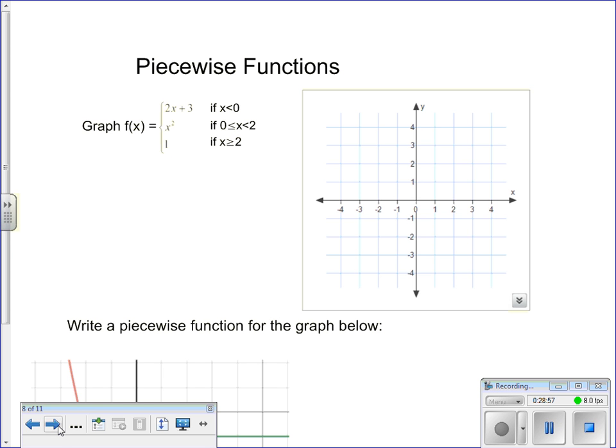There are times when you can take a function that's not piecewise and you wish to change it to a piecewise function in order to be evaluated. Absolute value. We hate absolute value in calculus, but we must be able to work with it. So what we do is break it up into a piecewise function.